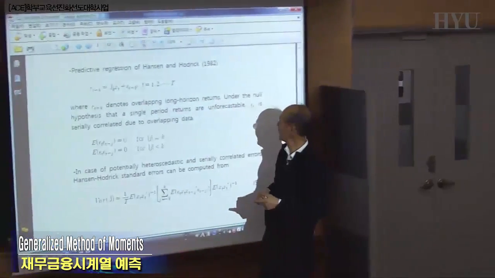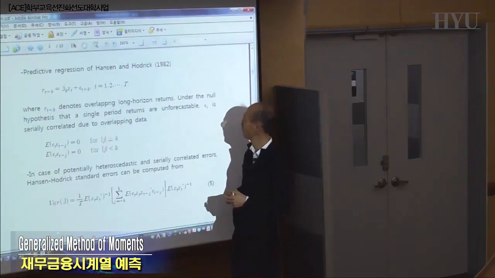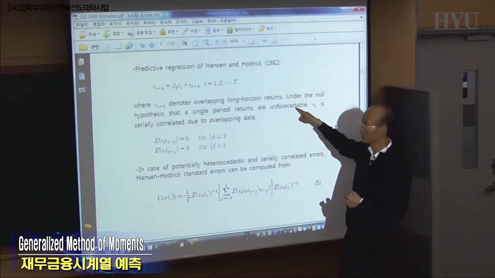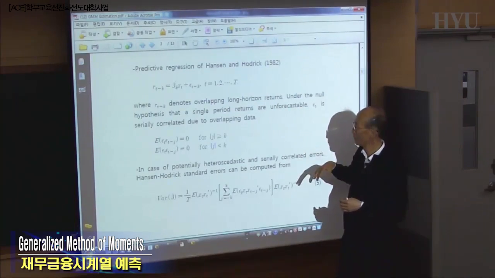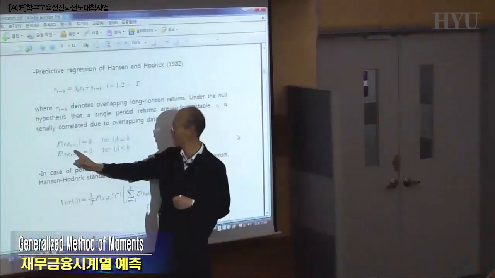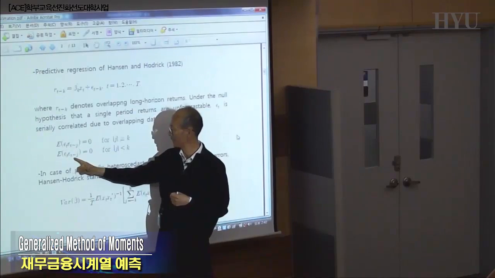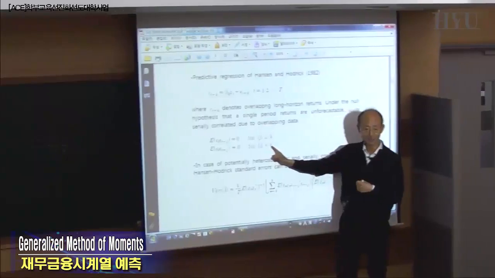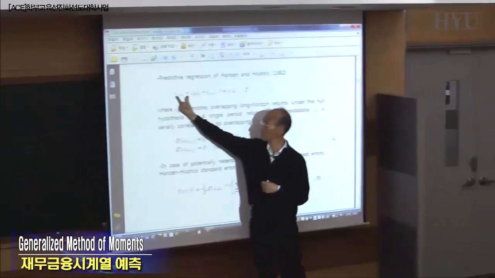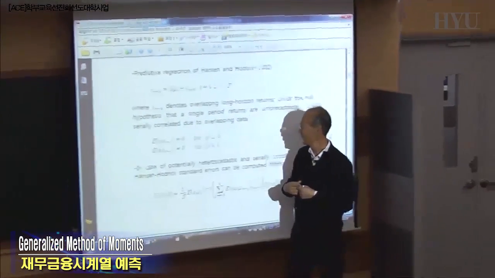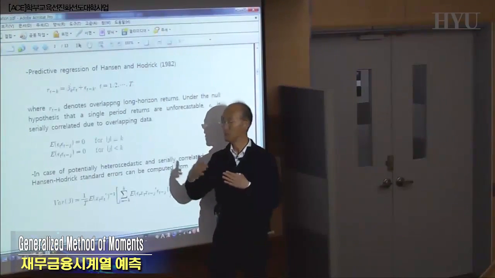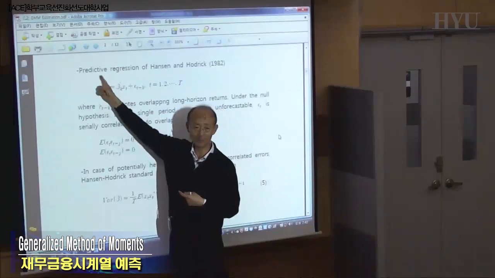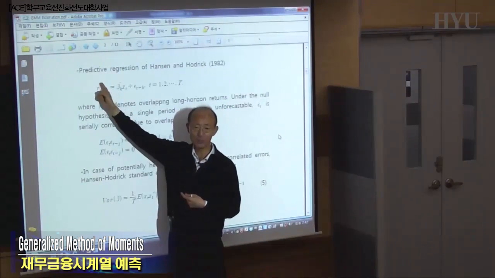Epsilon t, the single period return, may be unforecastable, so it's random, but the covariance is not going to be 0 for j less than k. If the overlapping period is k, then k minus 1 serial correlation is induced because of the overlapping construction of the dependent variable.